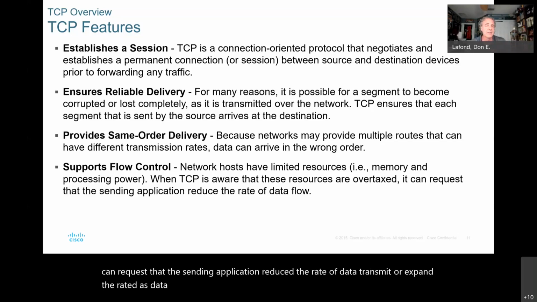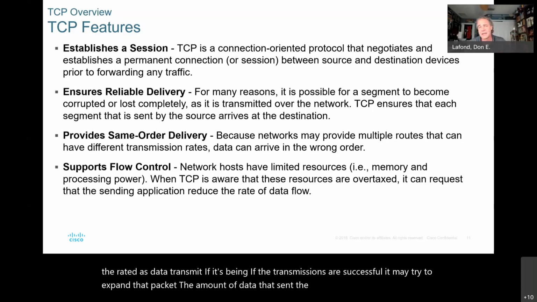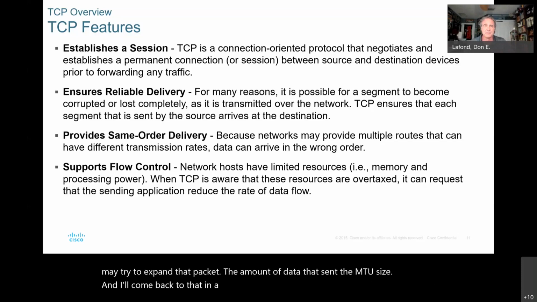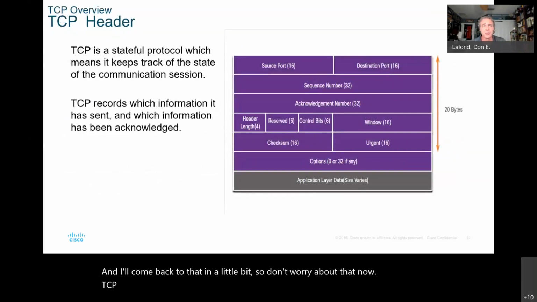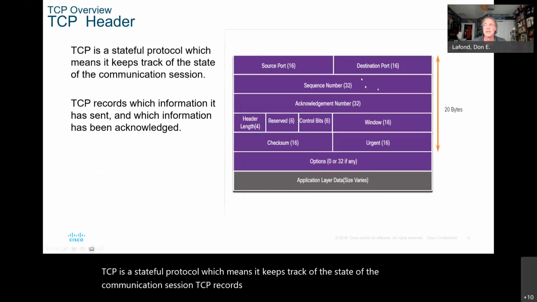If the transmissions are successful, it may try to expand the amount of data that's sent, the MTU size. I'll come back to that in a little bit, so don't worry about that now. TCP is a stateful protocol, which means it keeps track of the state of the communication session. TCP records which information it has sent and which information has been acknowledged.